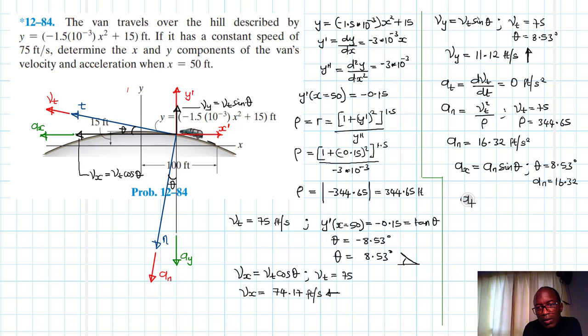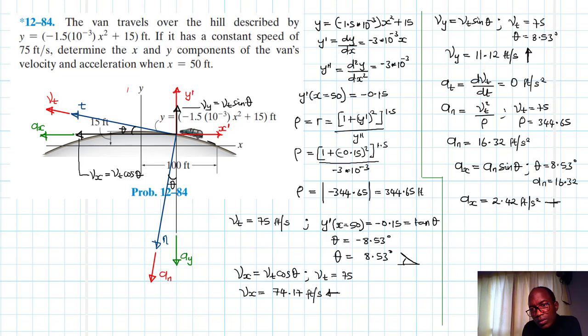Therefore our ax is 16.32 sine 8.53, and this we get 2.42 feet per second squared, and it is going the other direction.